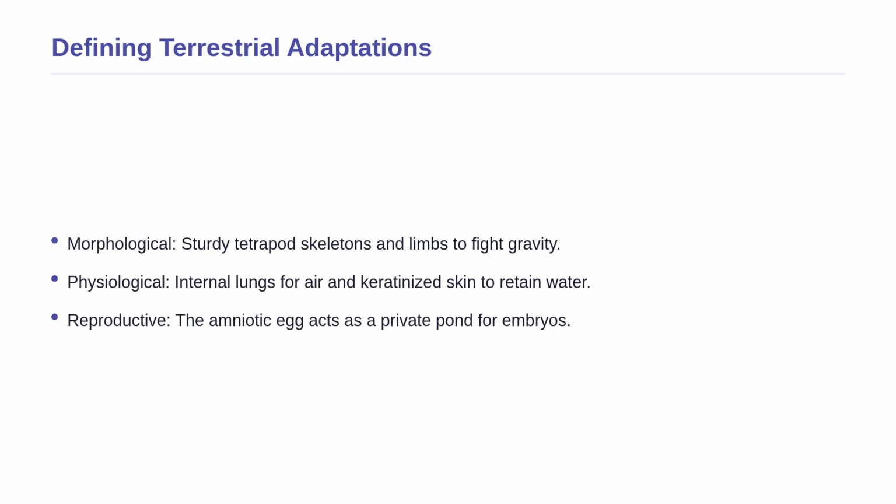Physiologically, they evolved internal lungs to extract oxygen from the air and thick, keratinized skin to prevent fatal water loss. Reproductively, the amniotic egg allowed animals to package a tiny, private pond for their embryos, freeing them from the water entirely.